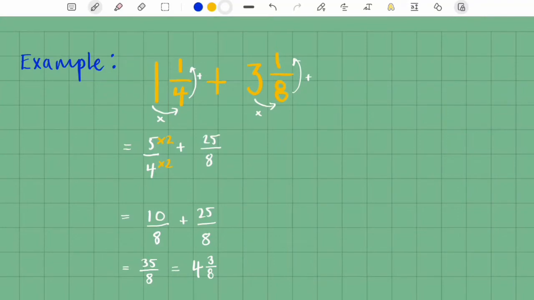Now the second way of dealing with these mixed numbers, I guess, is some way that can be quicker. Just see what you like. This second method is more prone to errors because, how could I put it?